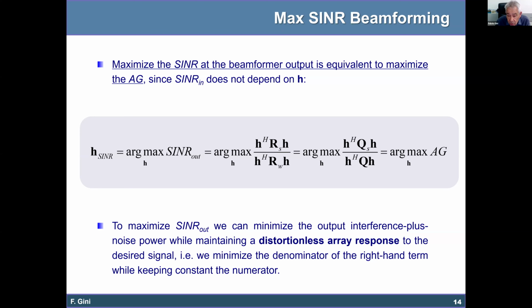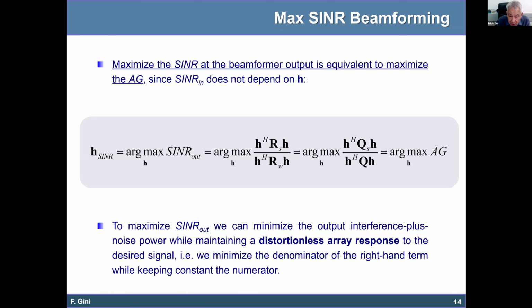We can try to keep constant the numerator, and this is called distortionless constraint. So we want that the signal of interest passes undistorted through the beamformer. So to keep constant the numerator is equivalent to impose a distortionless constraint for the signal of interest.